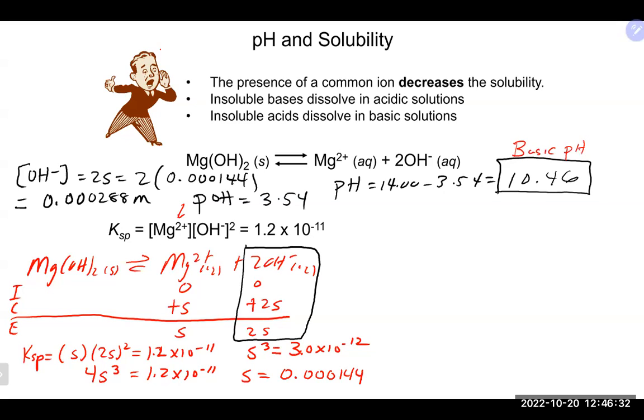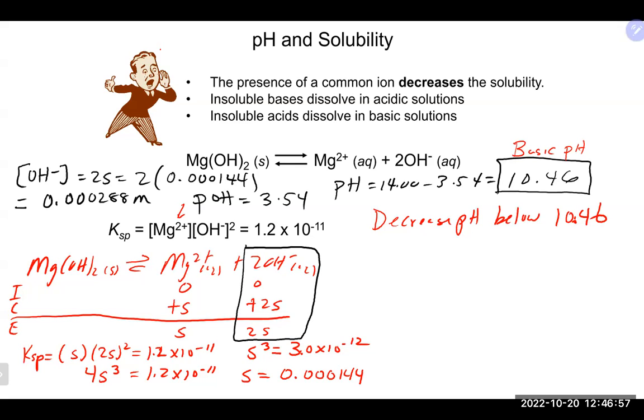All right. So you decide, well, I don't have a lot of it dissolved there at 10.46. I would like to decrease the pH below 10.46. What will happen to the solubility of this as I bring the pH below 10.46?